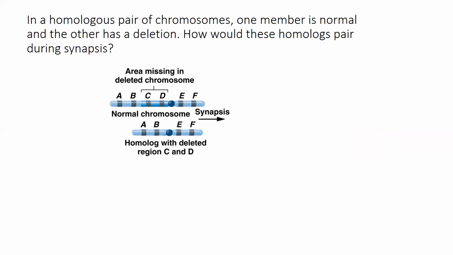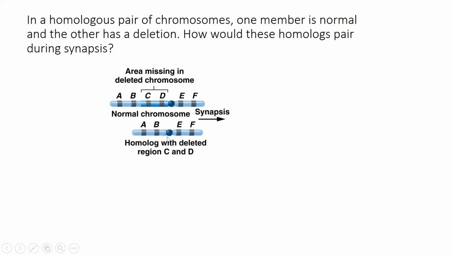In a homologous pair of chromosomes, one member is normal and the other has a deletion. How would these homologs pair during synapsis? When you look at this question, you have two homologs, right? We have one normal chromosome and one homolog that has the CD area deleted.